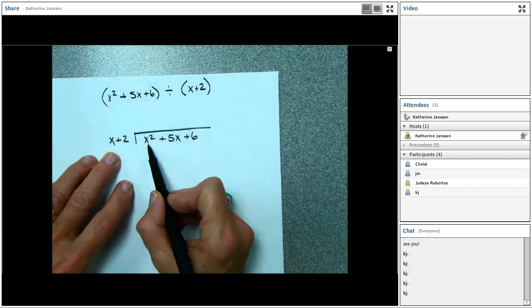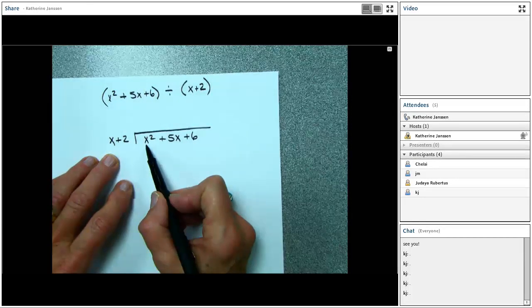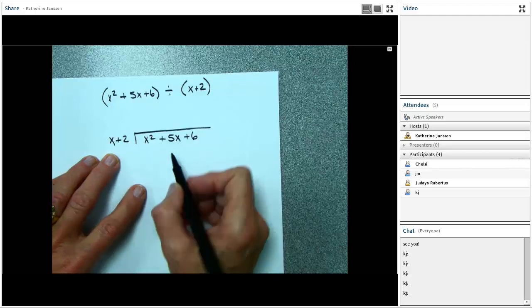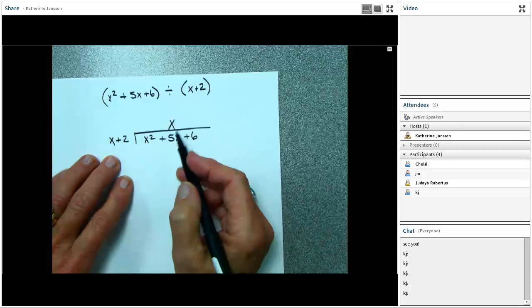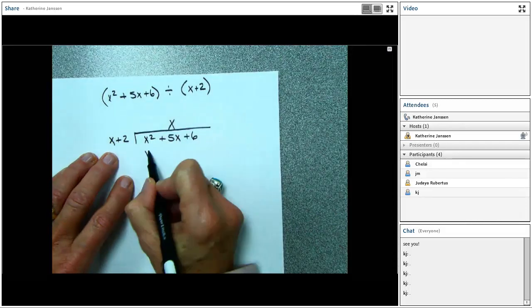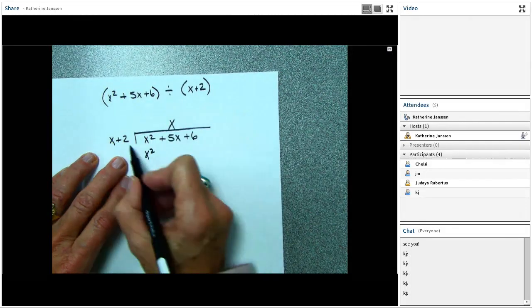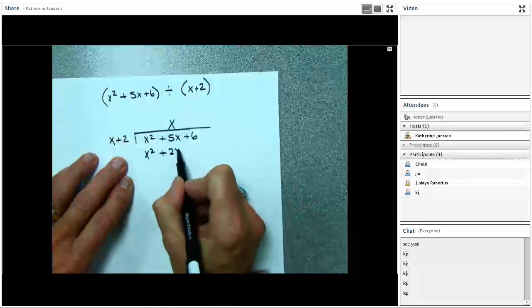So x goes into x squared. x times what would give you x squared? x. x times x is x squared. And 2 times x would be a positive 2x.